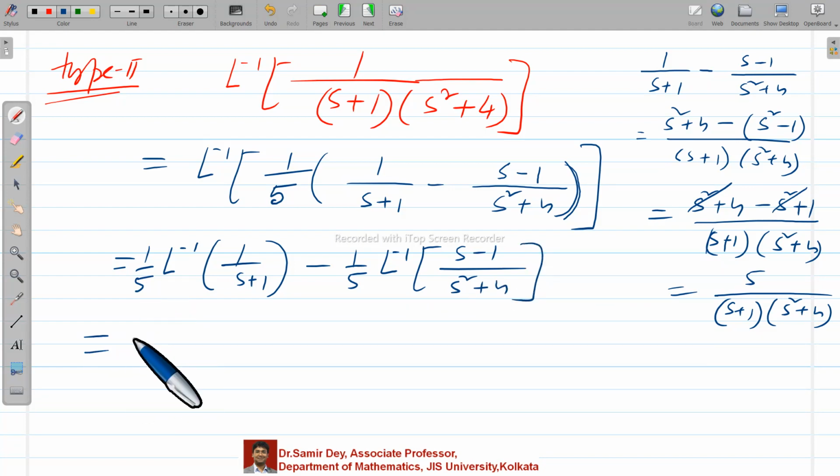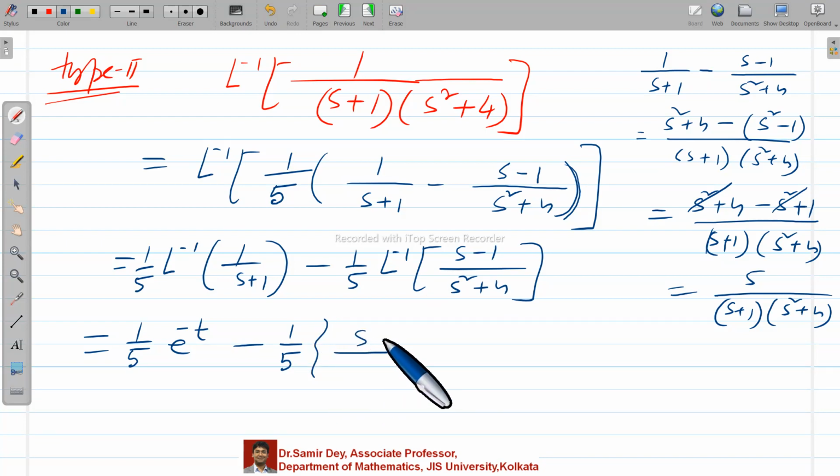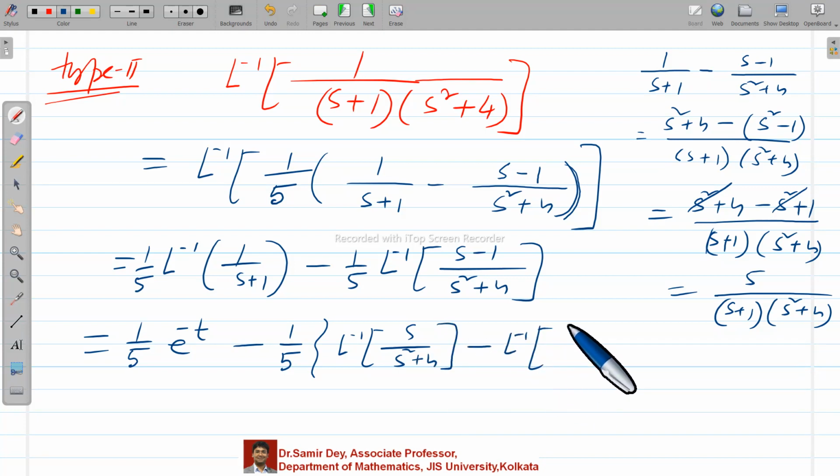From here you may write 1 by 5 e to the power minus t, and from here you should separate it: L inverse of s by s square plus 4 minus L inverse of 1 by s square plus 4. I think it is clear to all of you.